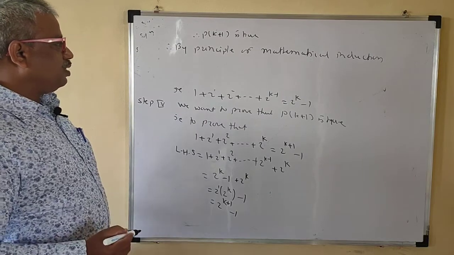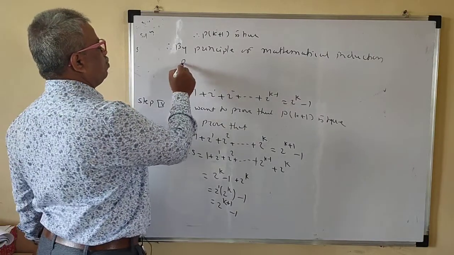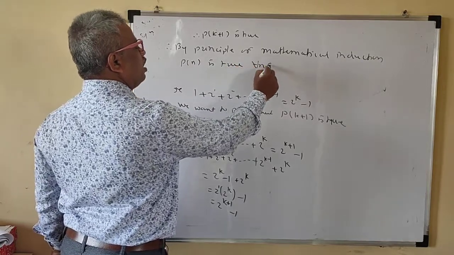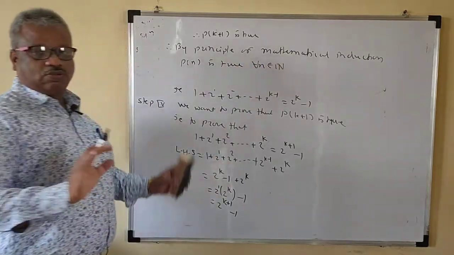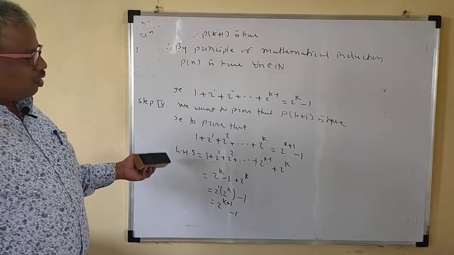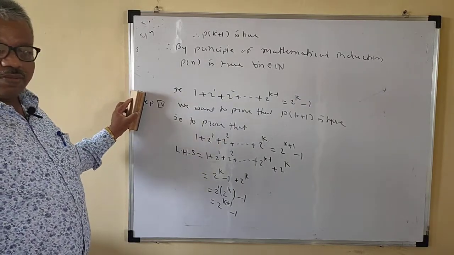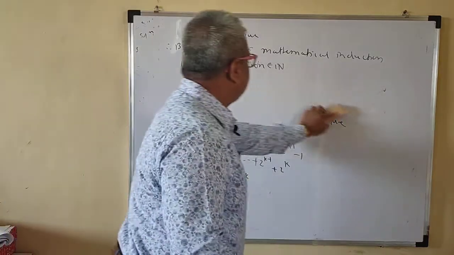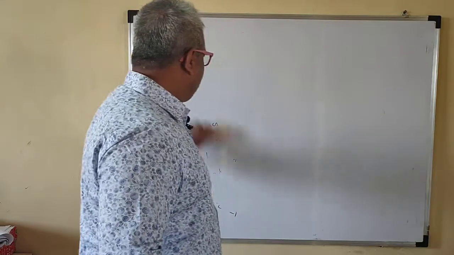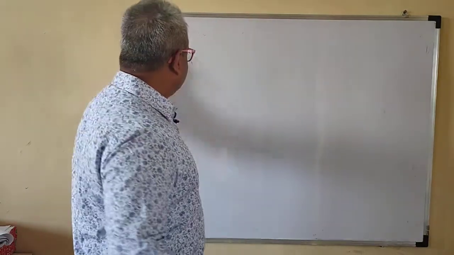Okay. So by the principle of mathematical induction, Pn is true for all n belongs to N. Okay. So now your problem is over. The step 4 is very important. If you do step 4, then the problem becomes very easy. I hope that you understand how to prove problems with the help of mathematical induction.